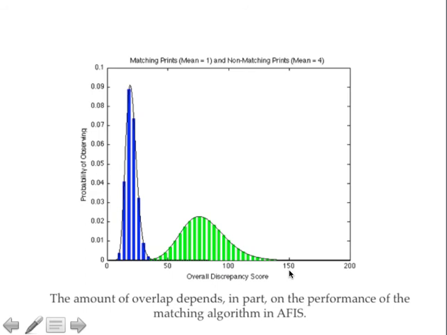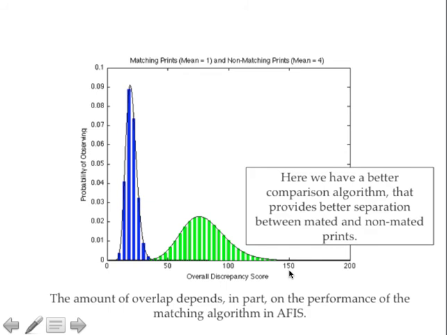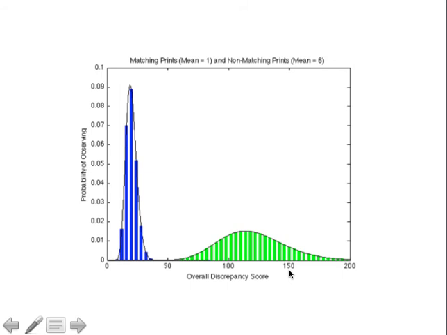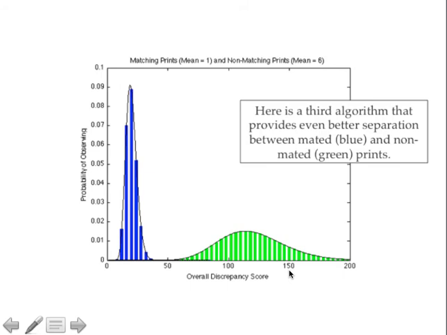So the amount of overlap depends in part on the performance of the matching algorithm in the AFIS system. Here we have a better comparison algorithm, and that provides better separation between the mated and non-mated prints. And then you can imagine an even better system. Here's a third algorithm that provides even better separation between the mated blue and the non-mated green prints.